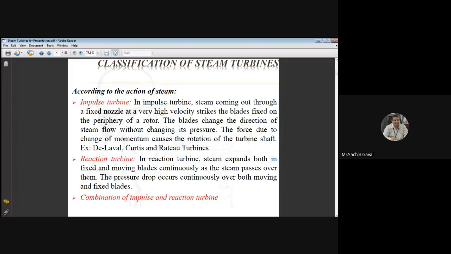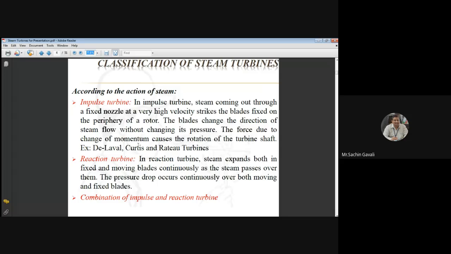Steam turbine is a device which converts kinetic energy of steam into mechanical work. For this, nozzles are used. Nozzles are the inbuilt device in the steam turbine, which convert the thermal energy of steam coming from the boiler into kinetic energy. That increased kinetic energy steam impacts on the blades of the steam turbine and executes the work.